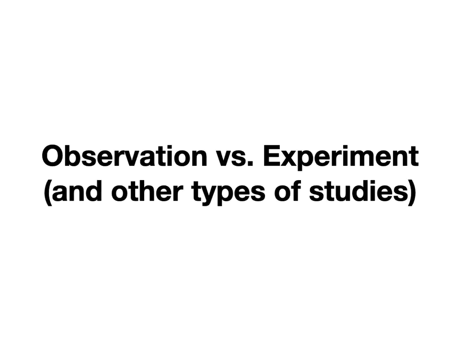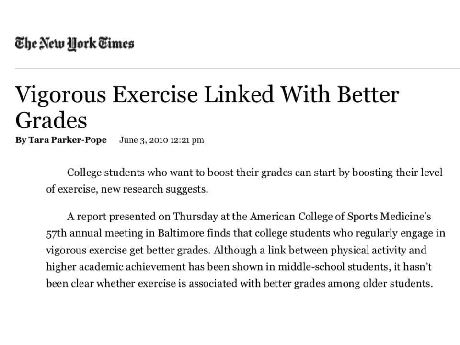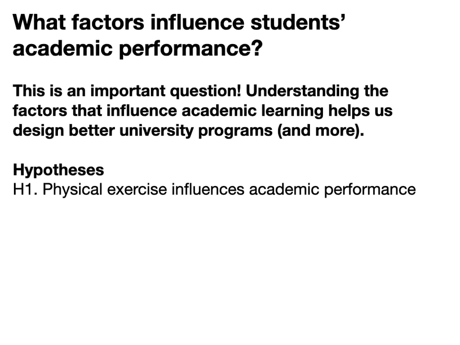Okay, so I want to talk about the difference now between observational studies and experimental studies, and then we'll briefly touch on some other types of studies. And we're going to look at a hypothetical example of a real research question. The research question is whether exercise can cause university students to perform better academically.